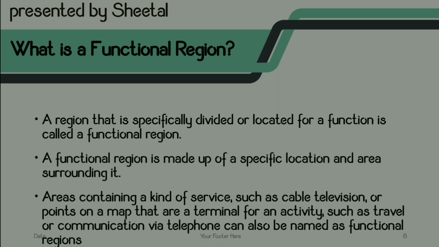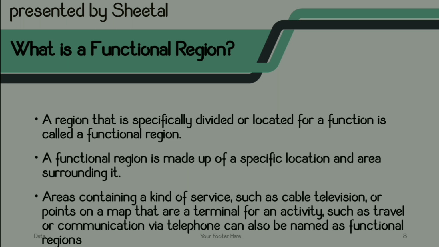So what exactly is a functional region? A region that is specifically divided or located for a function is called a functional region. The main aim of a functional region is what type of functions are carried out in that region. A functional region is made up of a specific location and the area surrounding it.